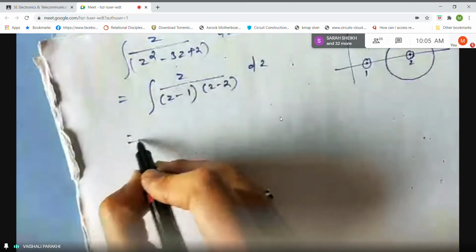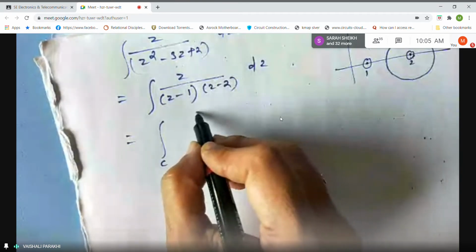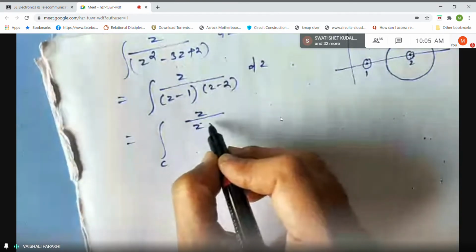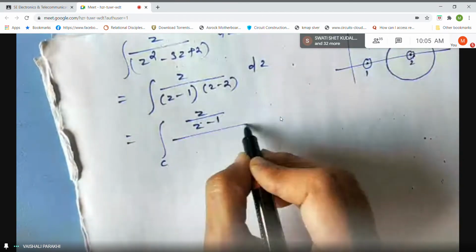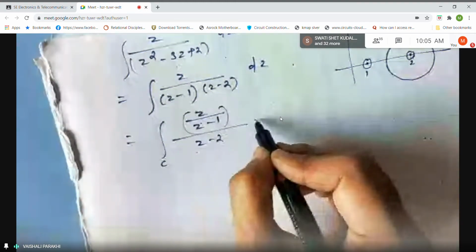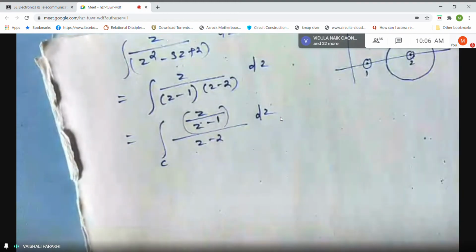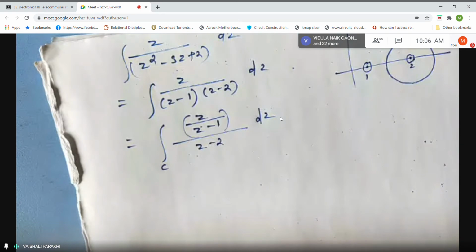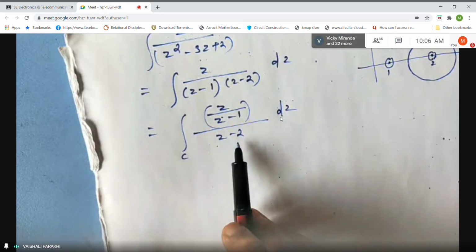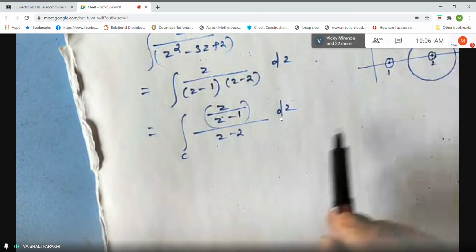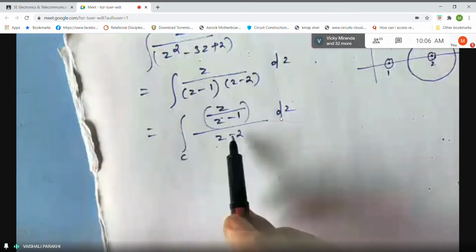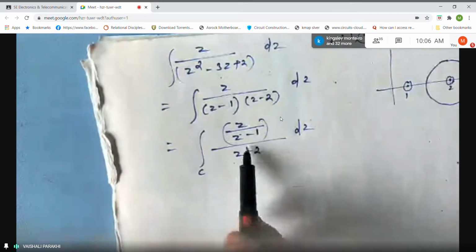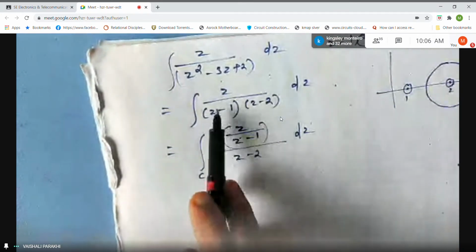So I'm going to rewrite this as z minus 1 divided by z minus 2. It is the same thing I'm writing, students, but see the arrangement. Whichever pole is inside the circle, that term I am taking in the denominator, and the other bracket I have combined with this z.